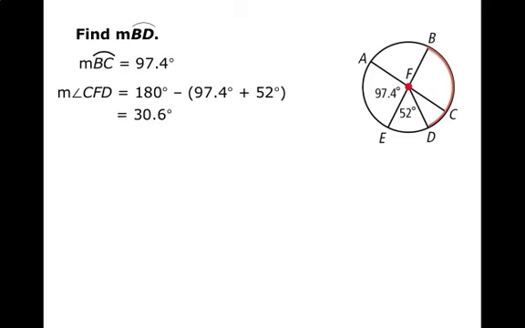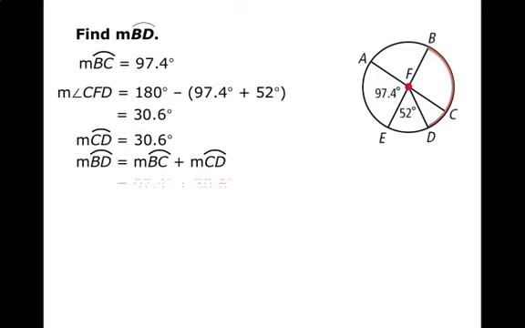And we get that the measure of angle CFD is 30.6 degrees. So if the central angle is 30.6 degrees, we know that the arc is 30.6 degrees. So now to find the measure of arc BD, we add the two arcs together and we get that it's 128 degrees.